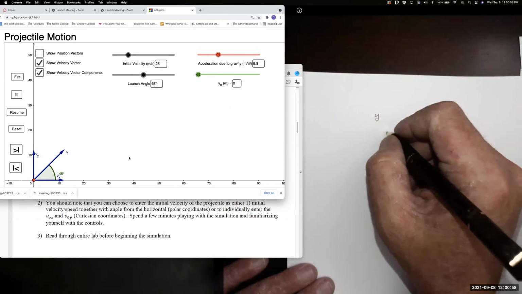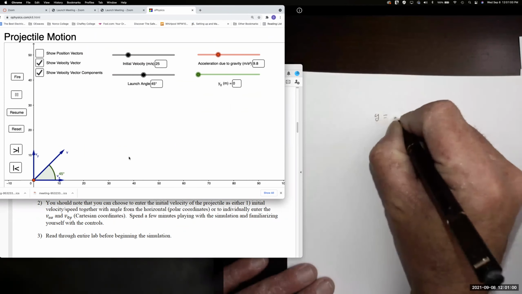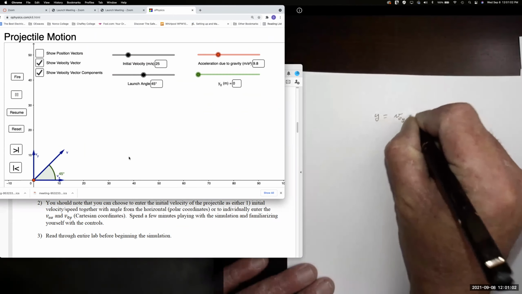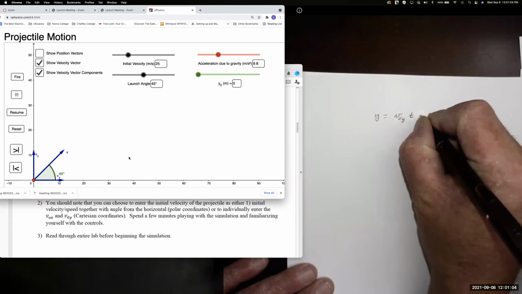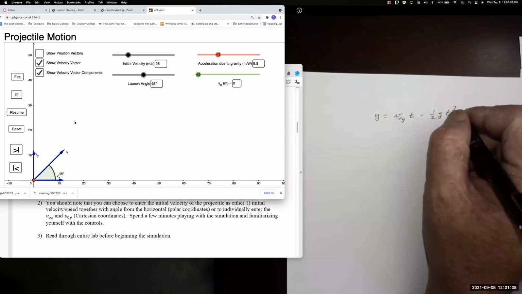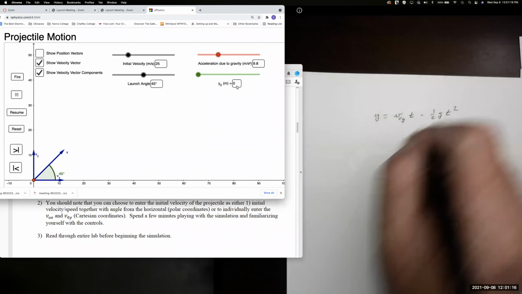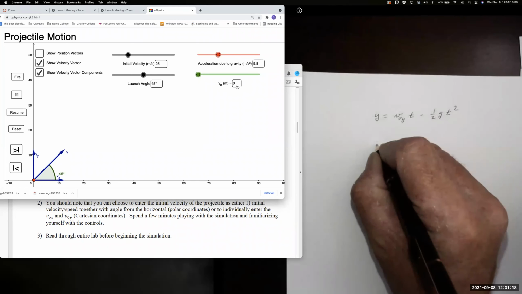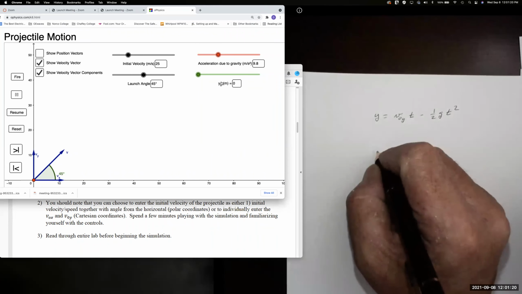We're always going to start at 0, 0, so we're always going to start at Y0 equals 0. Leave that one at 0, so you don't have to put in a value for Y0.